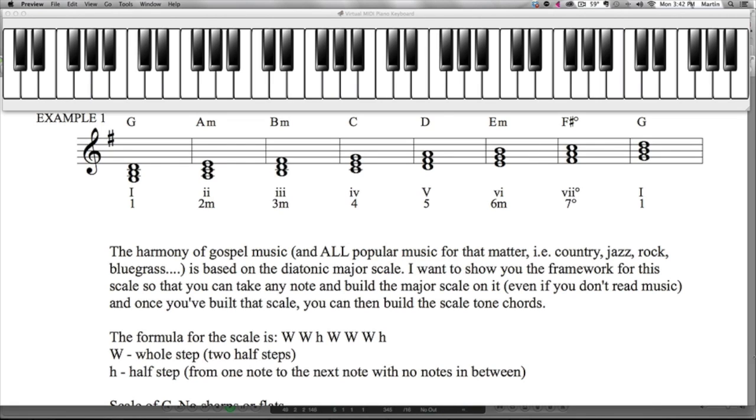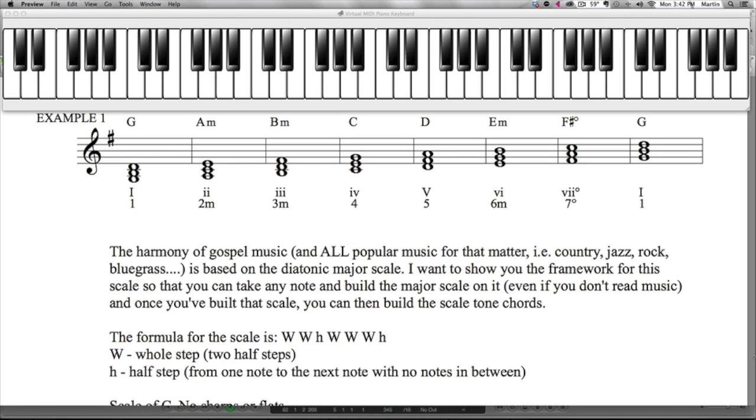In example number 2, you're going to see basically the same thing, except this time I'm going to add the 7th tone so that we'll have basically the scale tone 7th chords in addition to the scale tone chords. Again, I've created these and printed them out in all 12 keys so you'll be able to practice them.